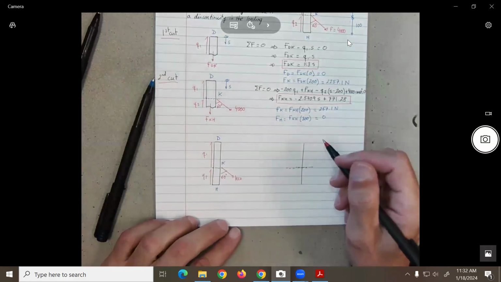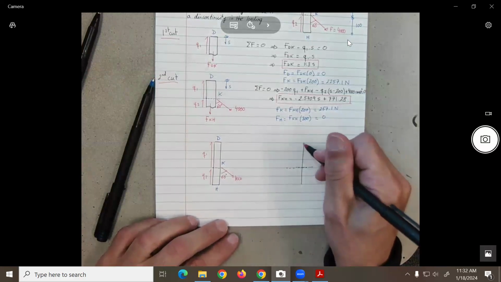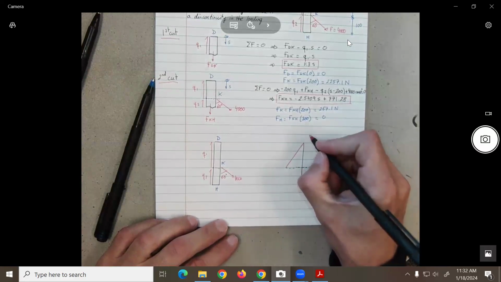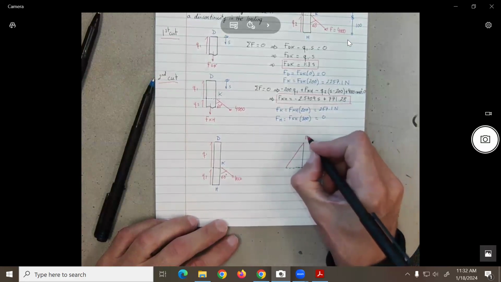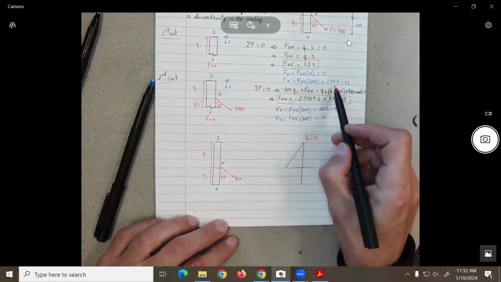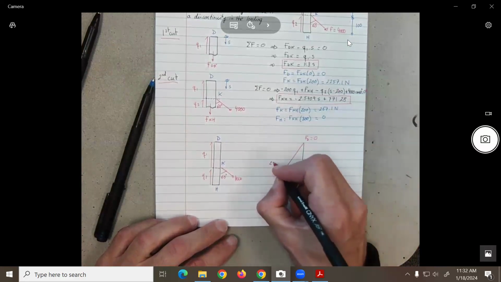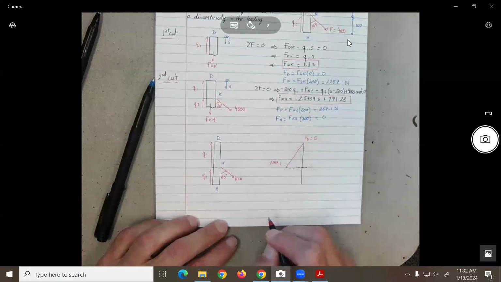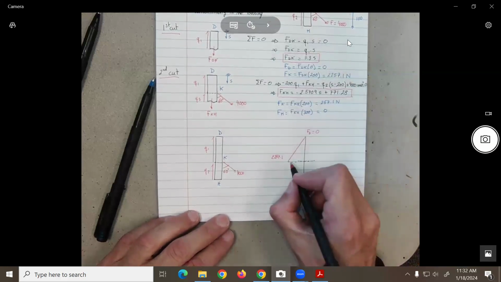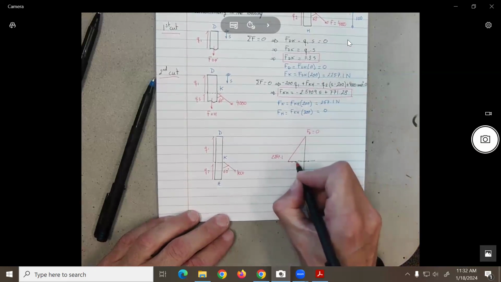So if we have to do the distribution, what does that mean? We go from 0 over here to FK equal to 2,257.1. Then what happens? Because of the load being applied at K, we see discontinuity on the loading.